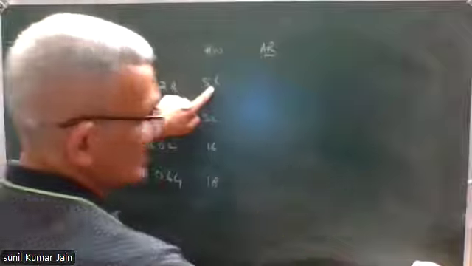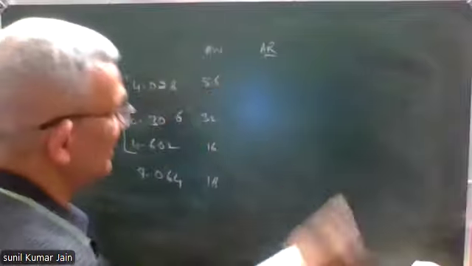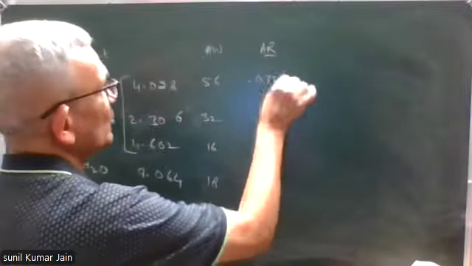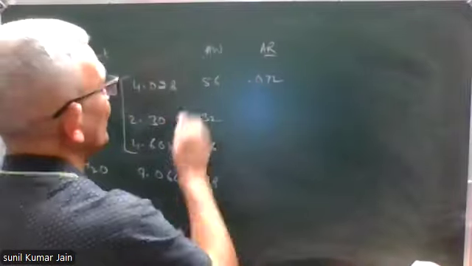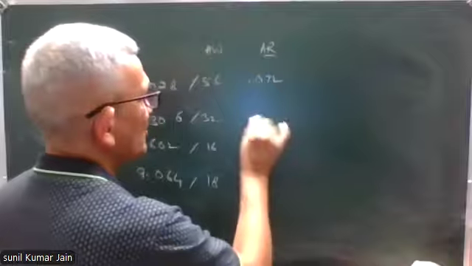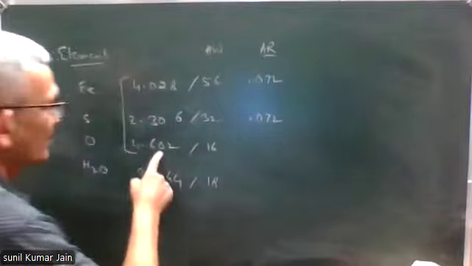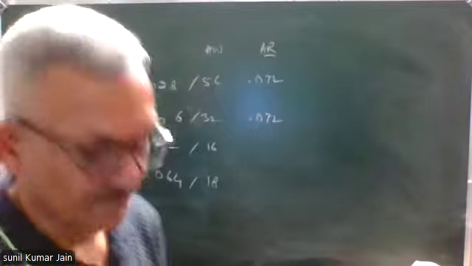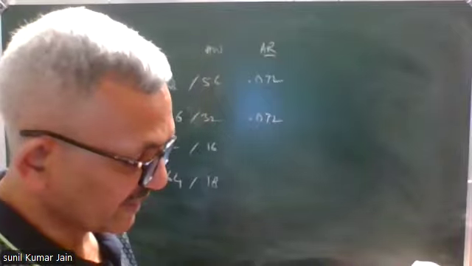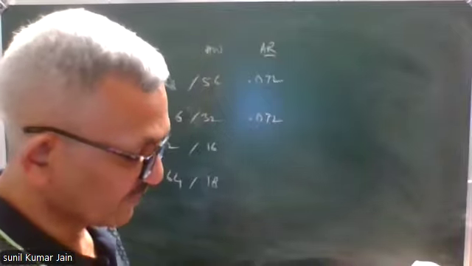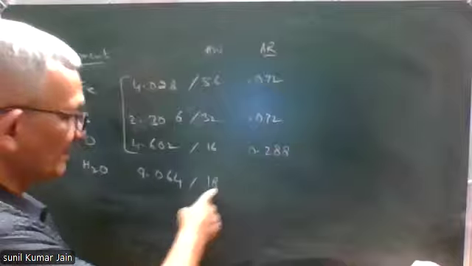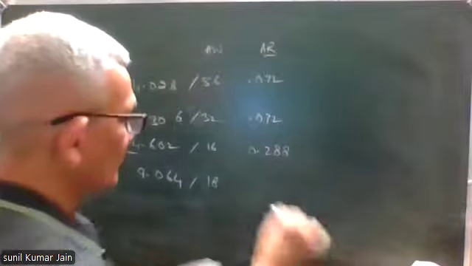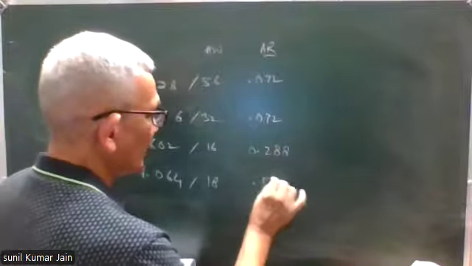This divided by 56, atomic ratio will be 0.072. This divided by 32, atomic ratio will be 0.072. This divided by 16, I hope you're writing. Atomic ratio will be 0.288. And this for water divided by 18, this atomic ratio will be 0.503.